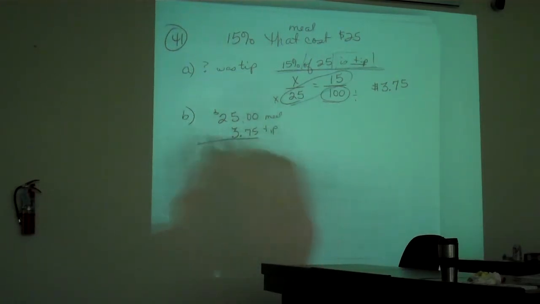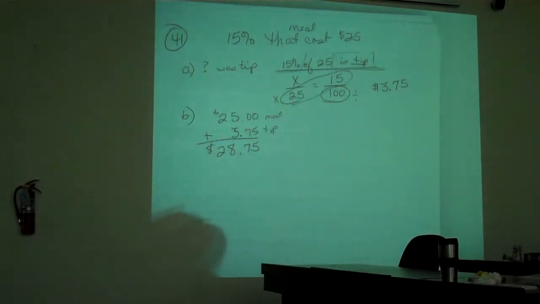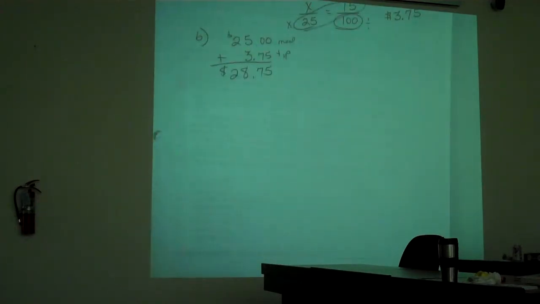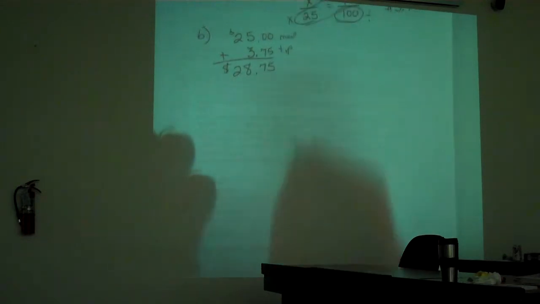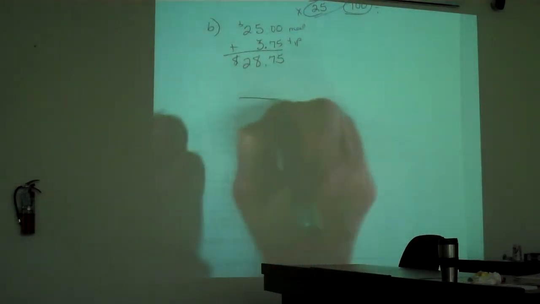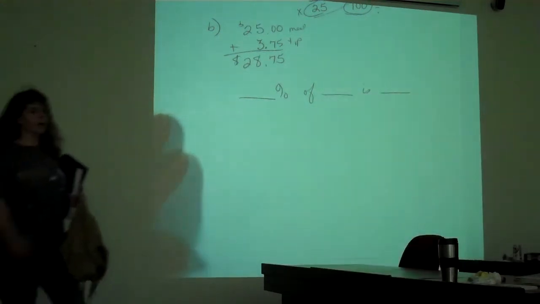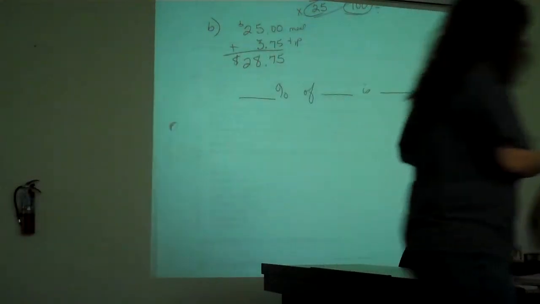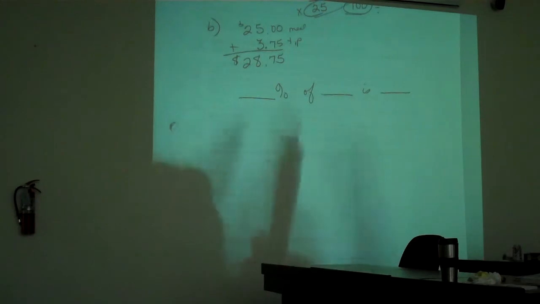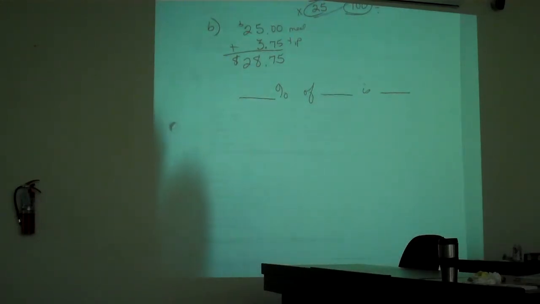So your total cost, just add them. $28.75. Okay. When you read these word problems, make sure you put it into something percent of something is something. Go ahead and put your word problem where you plug your numbers into here, and you'll be able to solve it easier.